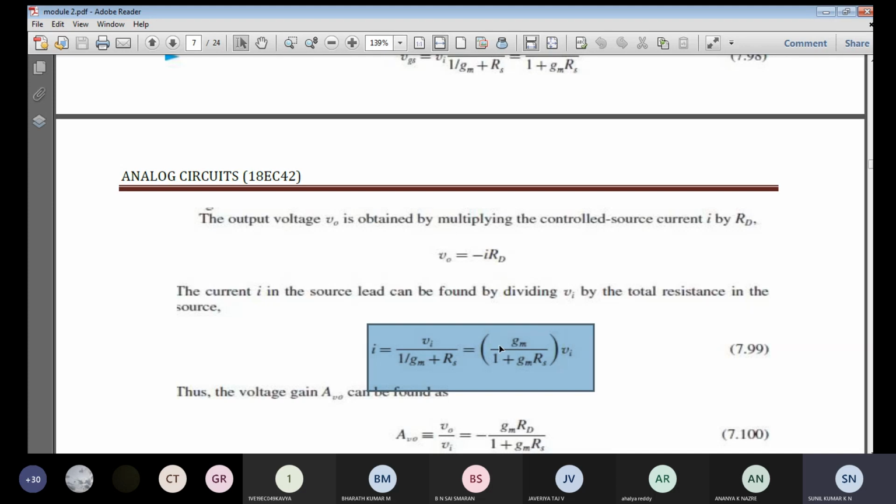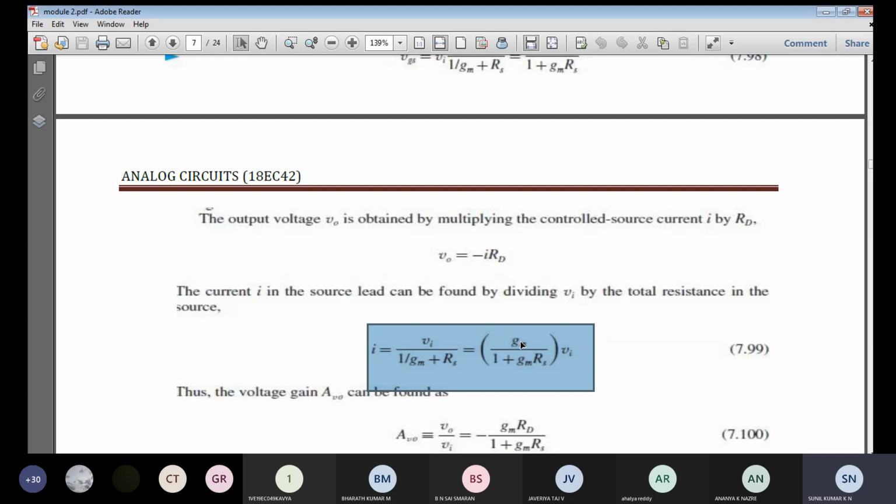In the previous transconductance, ID was equal to Gm times VGS, the drain current. Same thing here also, I is nothing but ID, the drain current, and Vi is the input voltage. But the transconductance is now Gm divided by 1 plus Gm into Rs.